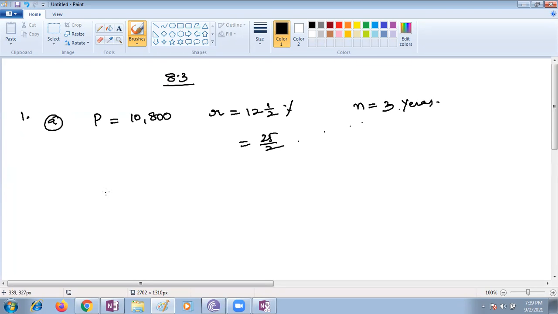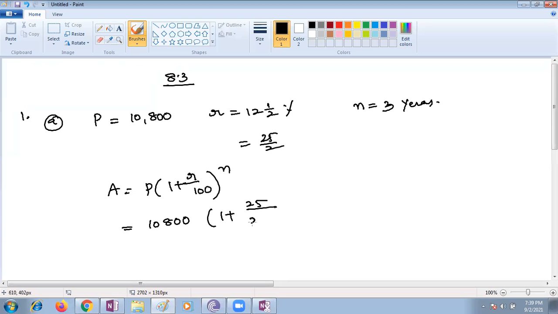Now come on, use your formula, the amount formula, you know, children. P into 1 plus R by 100 whole to the power n. Just substitute your values. 10,800 into 1 plus 25 by 200 whole to the power 3.